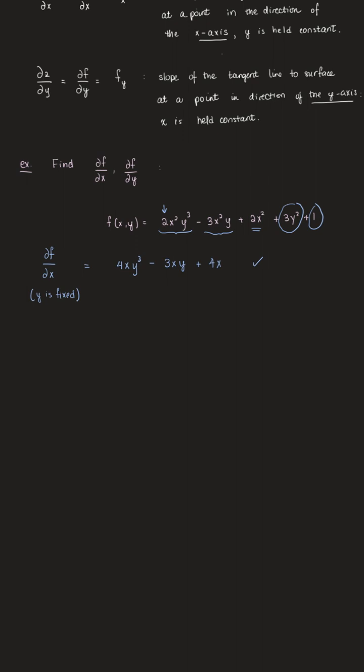Okay, let's find the partial derivative of f now with respect to y, and here we're going to hold x fixed, which means that anytime that we have x in our expression, we're thinking of it as a constant number, a constant, a scalar. So let's take the derivative of the first term, 2x squared y cubed. The 2x squared will stay as a constant, and the derivative of y cubed is 3y squared.